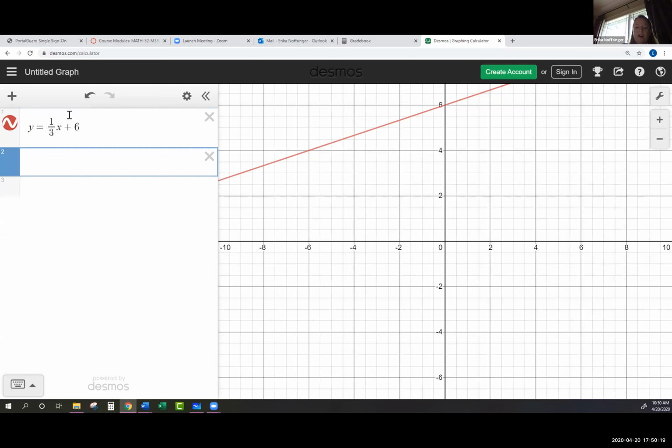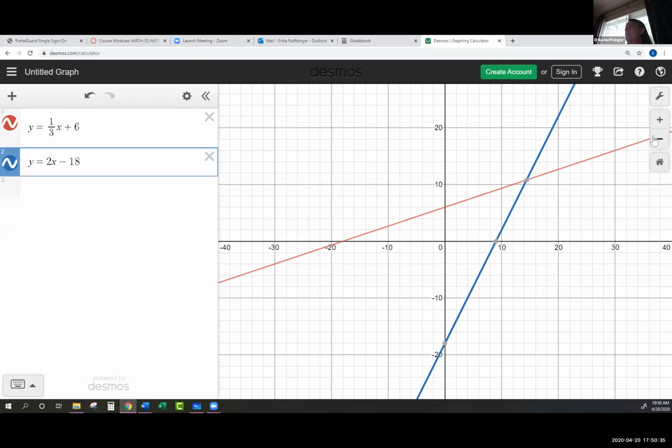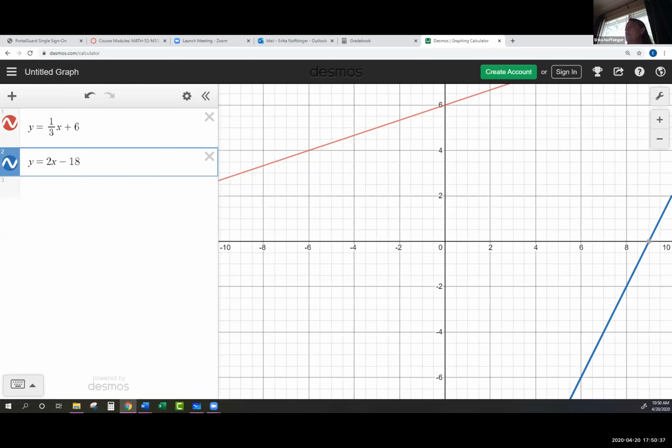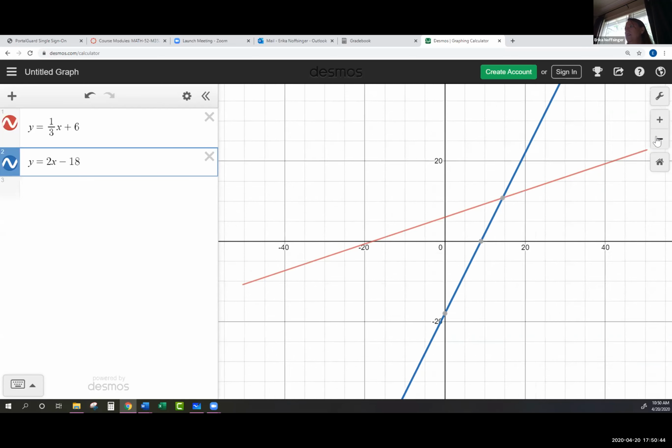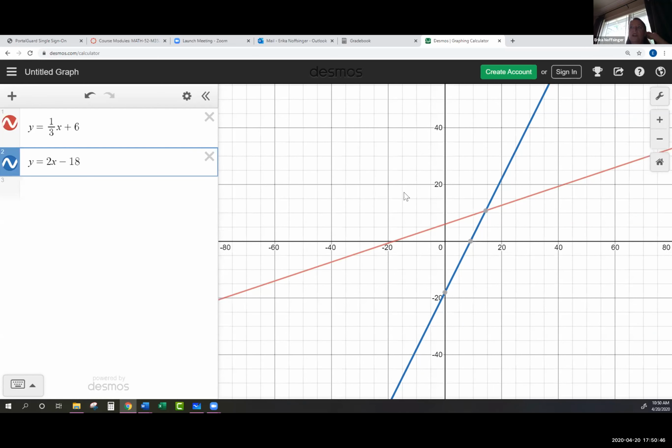We found that our inverse function was y is equal to 3x minus 18. So red is our original function, blue is our inverse function. So let me also graph the line y equals x.